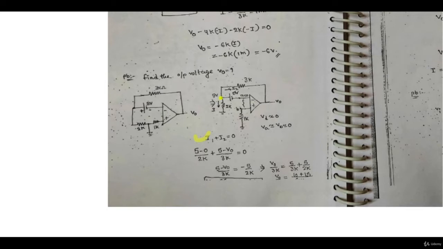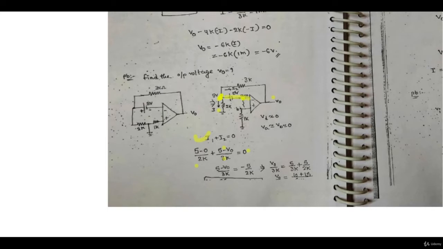This node is 5 volt because this is 0 volt. A node is 0 volt, so just apply the KCL. So 5 minus 0 divided by 2k plus 5 minus V0 divided by 3k is equal to 0. There won't be any current into the op amp, and we know the node voltage is 5 volt because with virtual ground Va is 0.